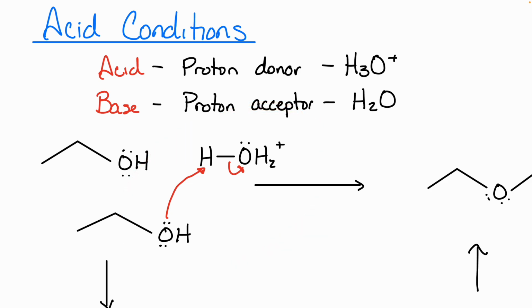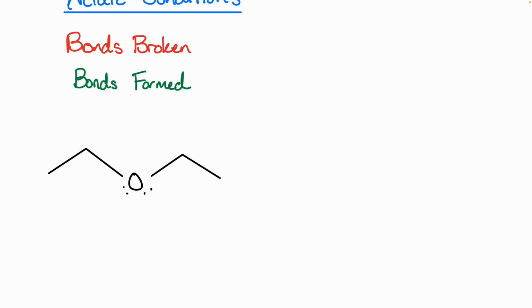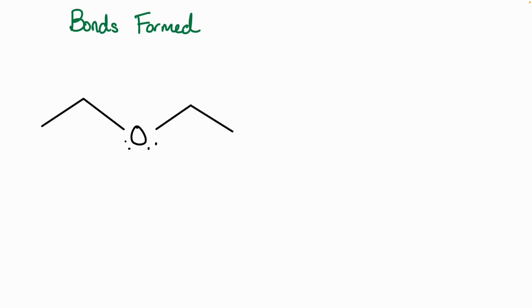Protonation. Protonation specifically of that oxygen. And this is going to be a really common first step under acidic conditions. We're going to protonate the oxygen in our ether here. If you use hydronium, that's cool. We can use our HBr as well. Either one will work. We just need a proton donor here.